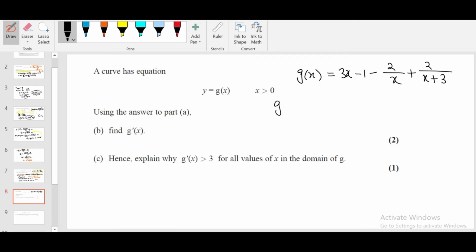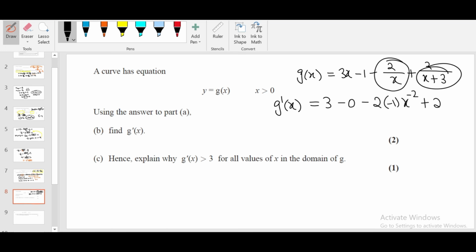So when you differentiate it, 3x becomes 3, minus 1 becomes 0. This one, x to the power minus 1 becomes minus 1 x to the power minus 1 minus 1, plus 2. If you put this on top, x plus 3 to the power minus 1, and apply chain rule, it will be minus 1 x plus 3 to the power minus 1 times the coefficient of x.